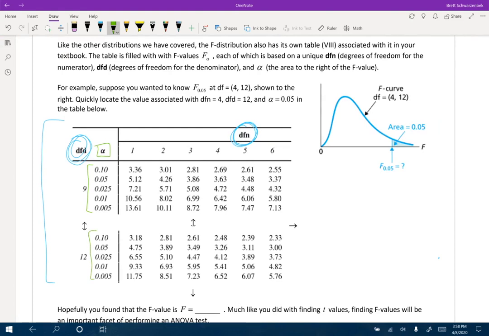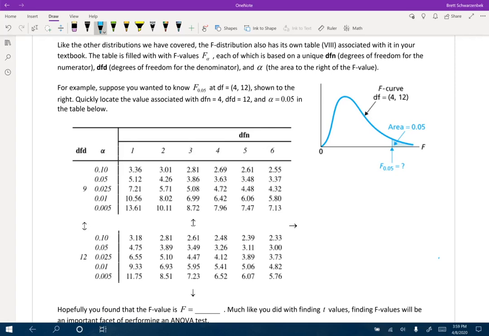So basically, this is the alpha value for all 9 degrees of freedom denominators. This is the alpha values for all 12 degrees of freedom denominators, and so forth. The degrees of freedom numerators are just listed across the top. So basically what we're going to do is an abbreviated version of a problem, and then I'm going to show you how a little crazy it is when you go and use it in the bigger tables that we're actually going to be using.